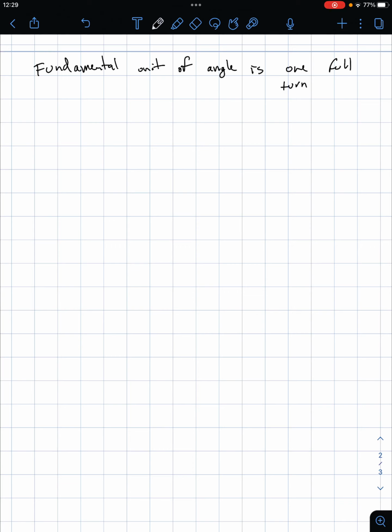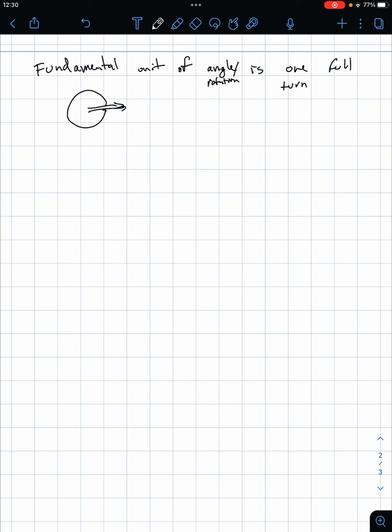And that's the fundamental unit of angles, or rotation, if we think about it in that sense, is one full turn. Like, if we're facing this way and we rotate one full turn, we're back to facing the exact same way.